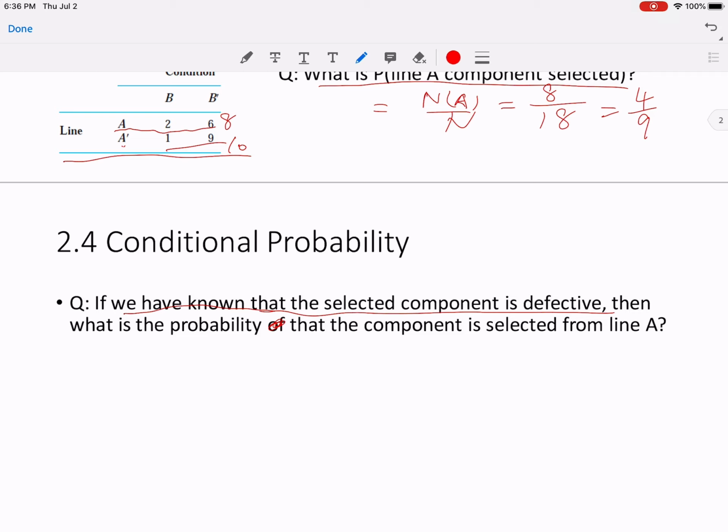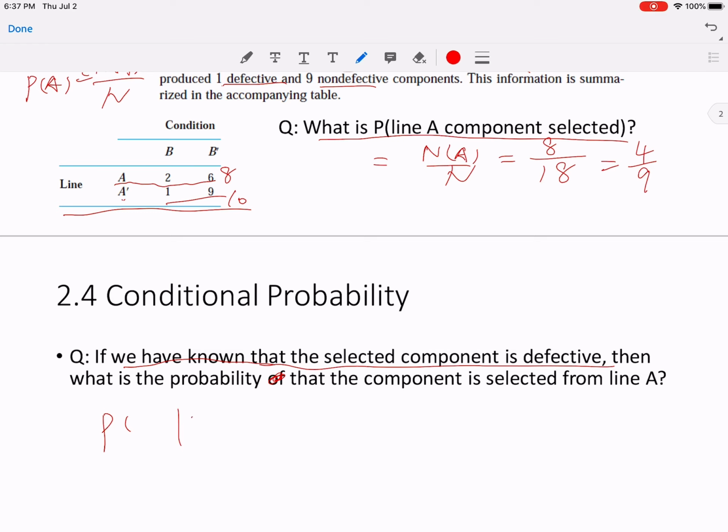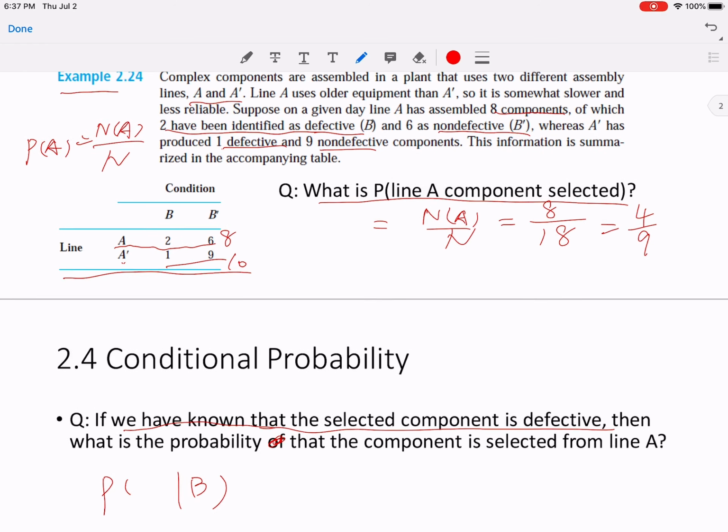In this case, we already know the component is defective, so if we put this question in the form of probability, we're looking for the probability given that it is defective, the defective denoted by B here, that the component is selected from line A. So we're looking for the probability of A given B here.